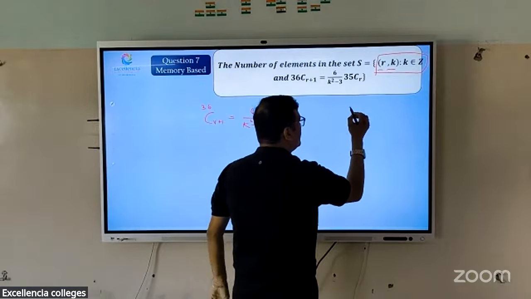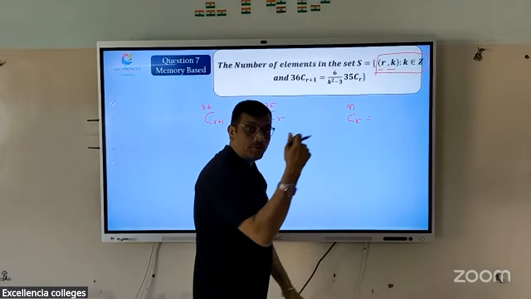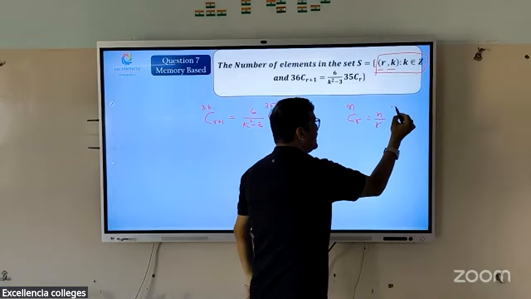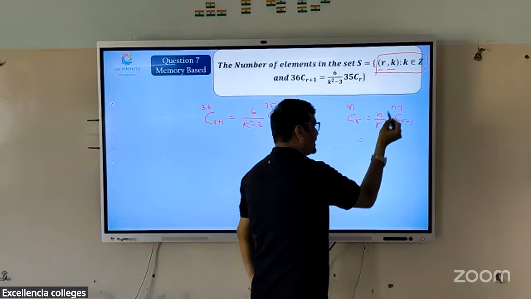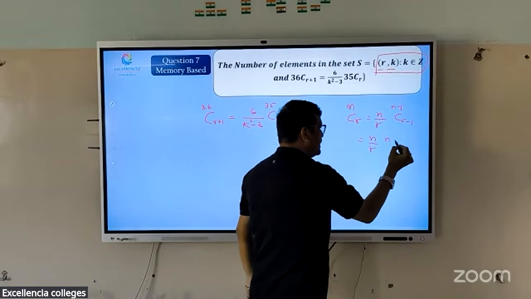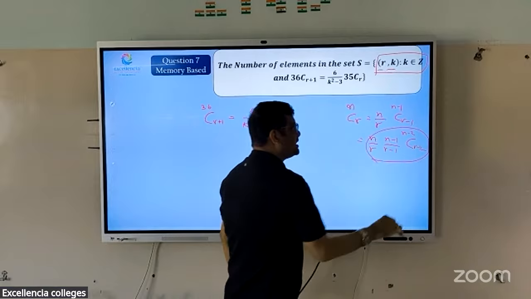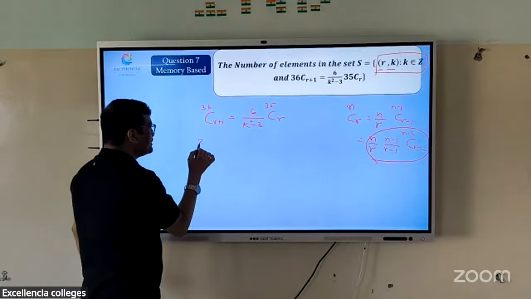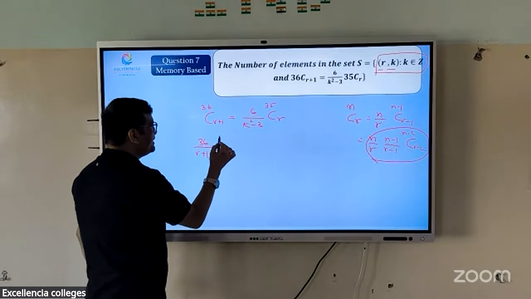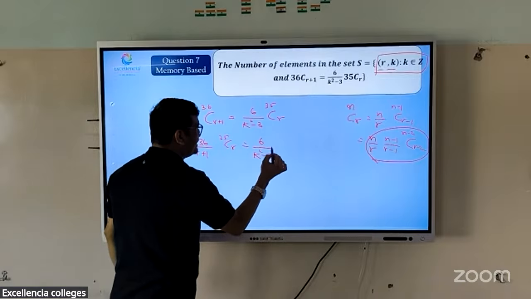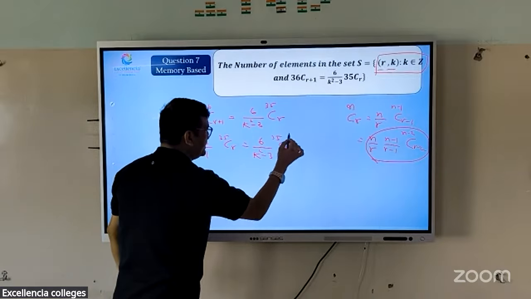You have one concept of nCr to use. So n below, r below, n by r times n minus 1 C r minus 1. Further, n minus 1 by r minus 1 times n minus 2 C r minus 2. Like that we can keep going. So 36 by (r plus 1) times 35Cr is equal to 6 by (k squared minus 3) times 35Cr. The 35Cr cancels.